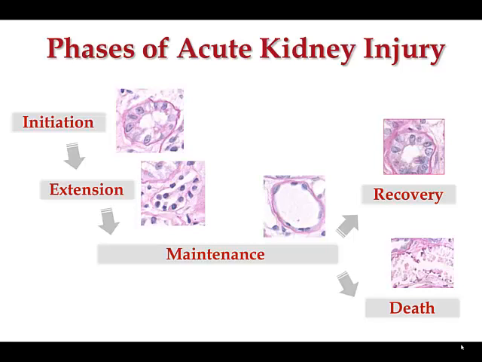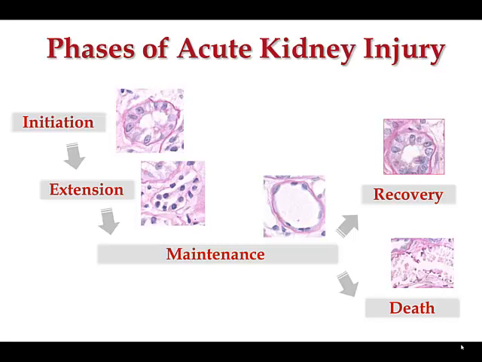But the result of that initiation process then continues on through an extension phase when most of the major pathological and biochemical consequences of the injury become manifest. And then the patient or the kidney will go through a maintenance phase where there's some degree of ongoing damage, and then there's this major attempt by the kidney to try to repair that damage.